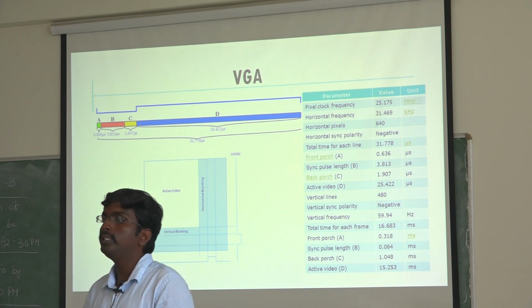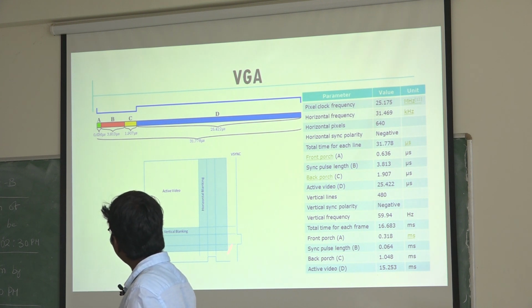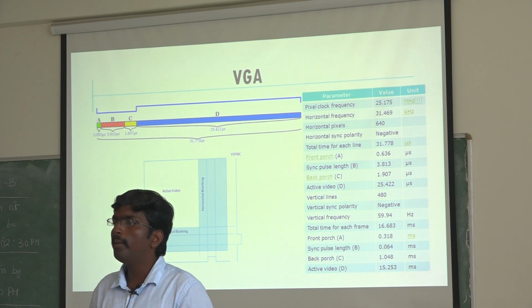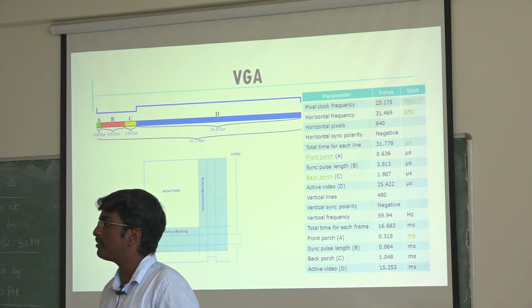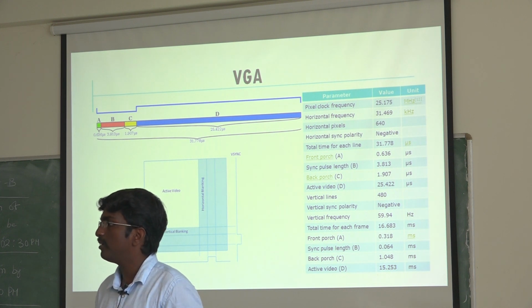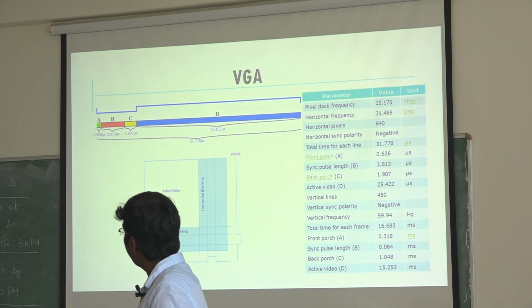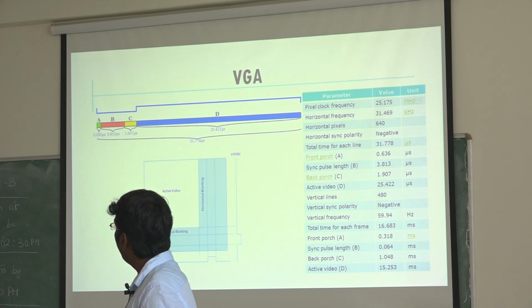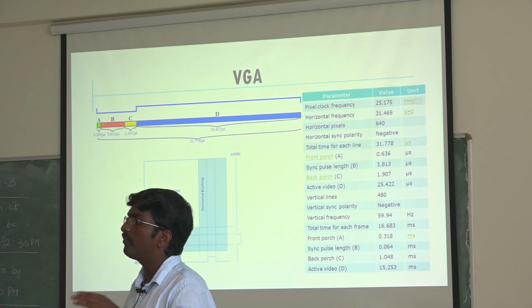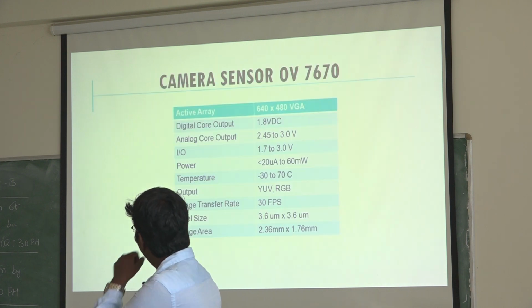So whenever data out is there, the data out has, along with the active area, the horizontal and vertical pulses also. But the camera OV7670 doesn't have these horizontal and vertical pulses. It has only the active area pulses. So continuously you will get the active area pixels. The remaining pixels we have to generate. So we have only 480 x 640 clock for the input, but 800 x 521 clock for the output. Okay.